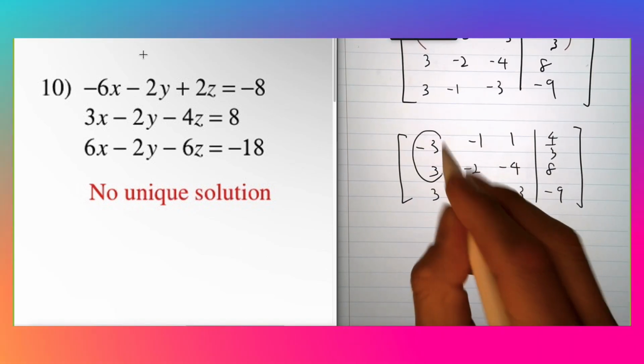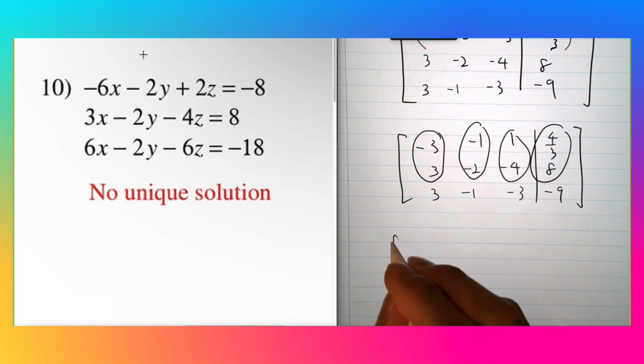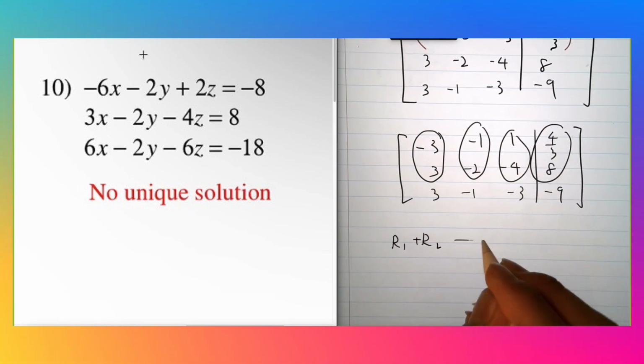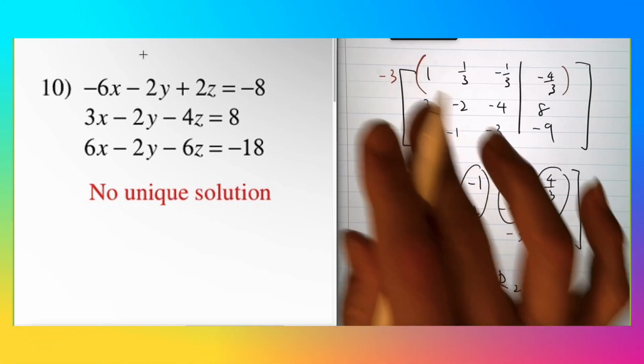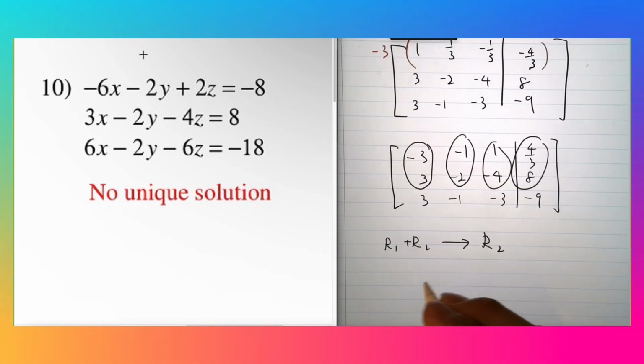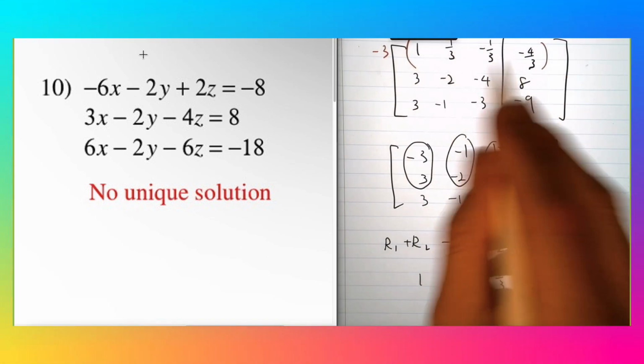So we combine this, and this, and this. R1 plus R2, replace it on R2. The top row we keep the same: 1, 1/3, negative 1/3, and negative 4 over 3.